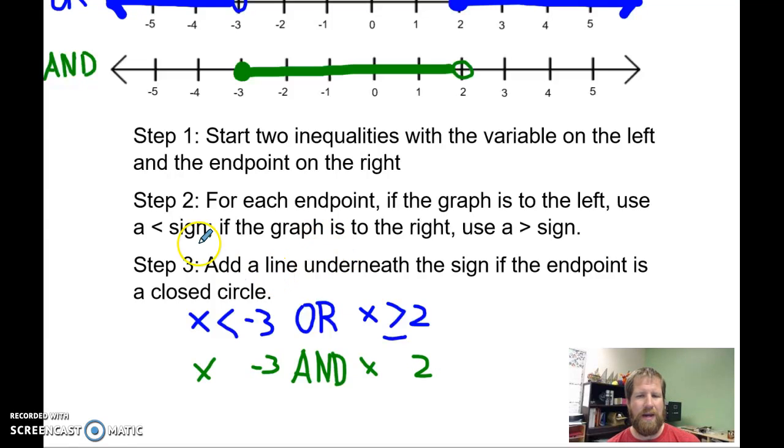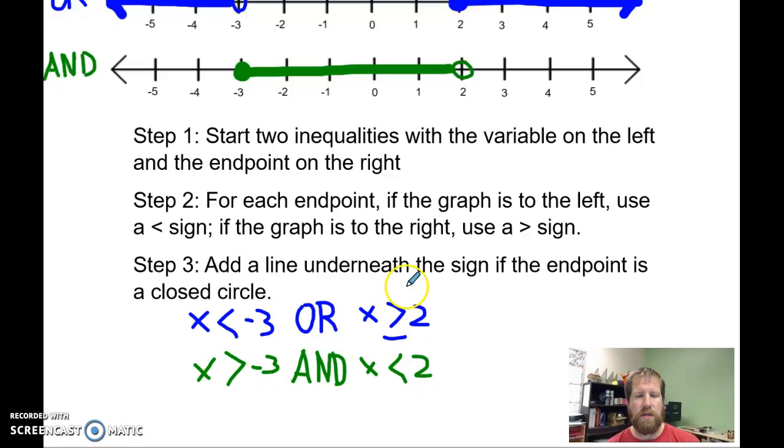Now you're going to do the same thing. It's just going to be a little bit backwards. My left endpoint is actually pointing to the right, so it's going to be x is greater than -3, and then my right endpoint, or my greater endpoint, is going to be pointing to the left, so x is going to be less than 2.